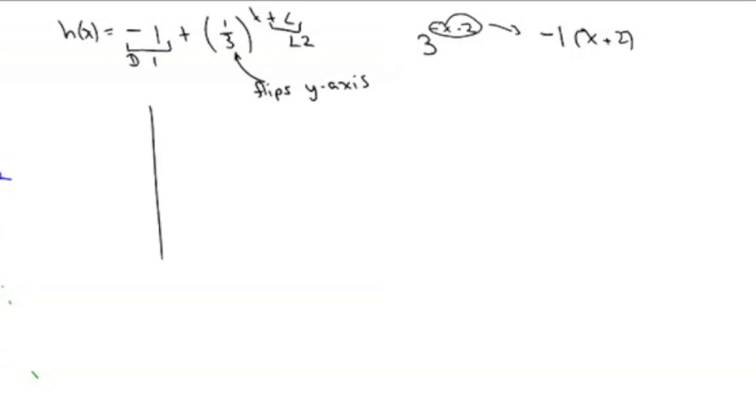So, down 1. Oh, I didn't draw it horizontal. Left 2, someplace over here. So this is x equals negative 2.